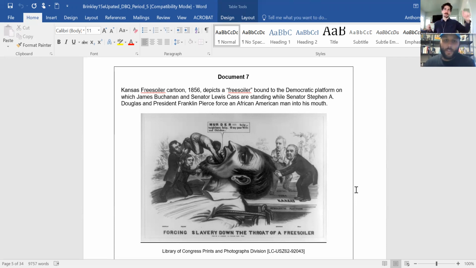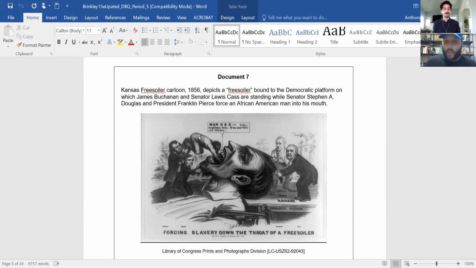Okay. Shoot, that is aggressive. Right. And the African American man in the picture here, who's being forced into the throat of a Free Soiler, they call it.